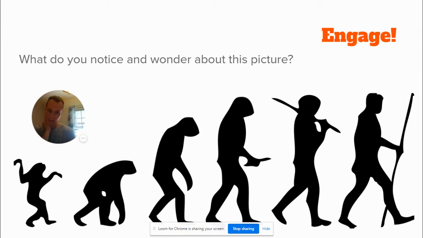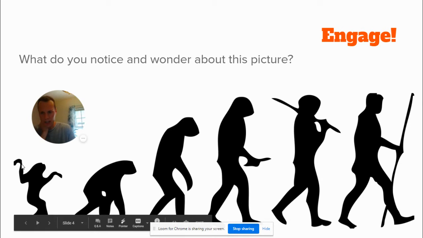My thinking goes like this. I noticed that over here on one side, it seems to be maybe like a monkey type figure. They're walking on two feet, but they've got kind of hands that look good for climbing. Over time, the next one is more of like an ape or a gorilla, standing up taller, getting bigger.